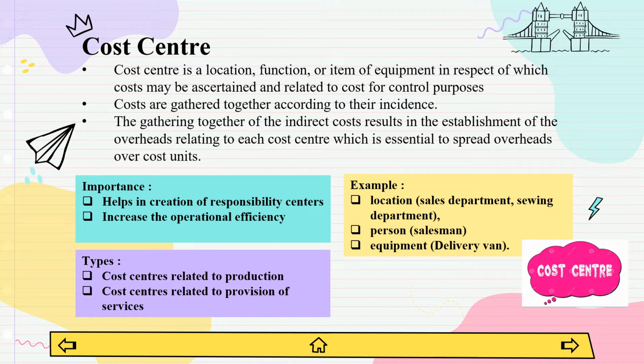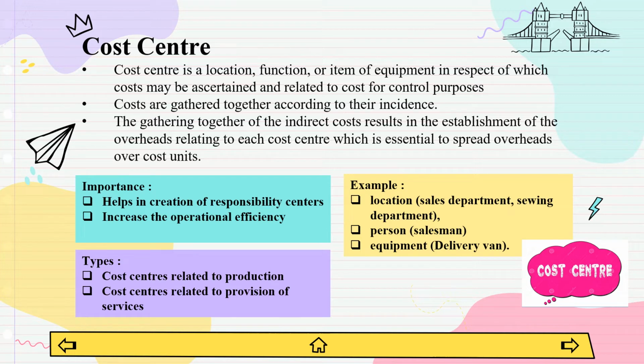Next, the importance of cost center. Firstly, it helps in the creation of responsibility centers. Secondly, it increases operational efficiency. There are two main types of cost centers. The first one is cost centers related to production, and the second one is cost centers related to provision of services.